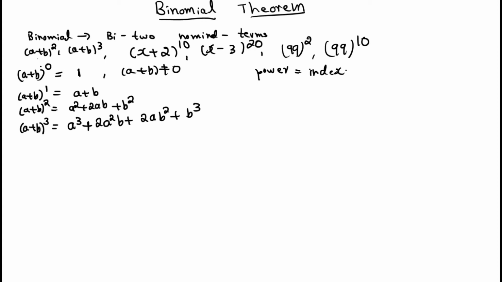Now see here, index 0, and how many terms are there in the right hand side? It's equal to 1. Index 1, then how many terms are there in the right hand side? That is equal to 2. Index 2, how many terms are there? See, 1, 2, 3 terms are there. Index 3 means how many terms? 1, 2, 3, 4 terms are there, right?